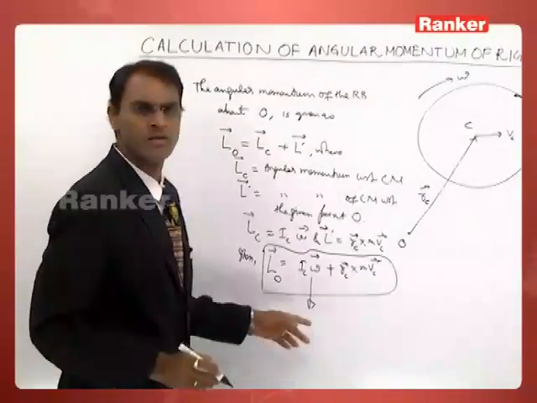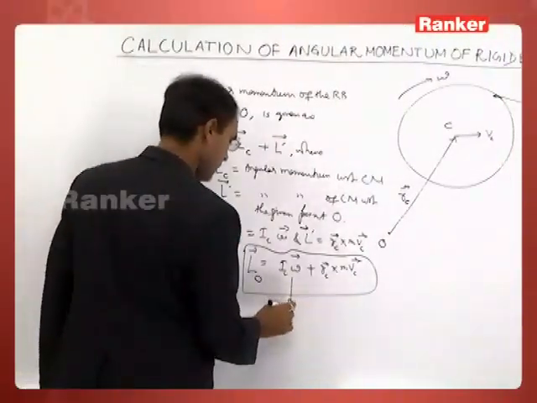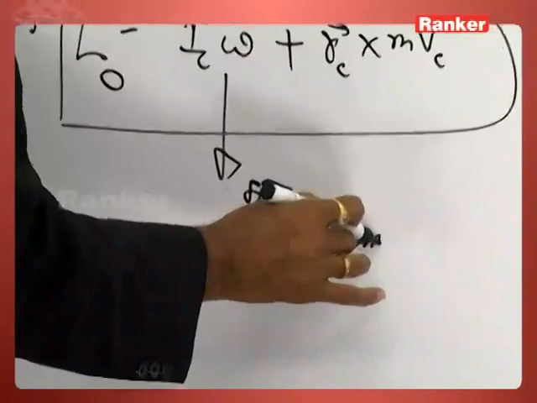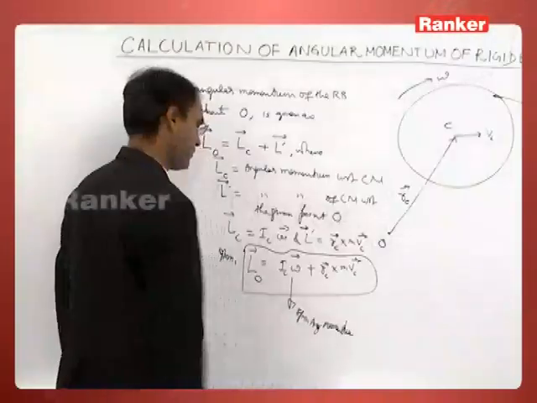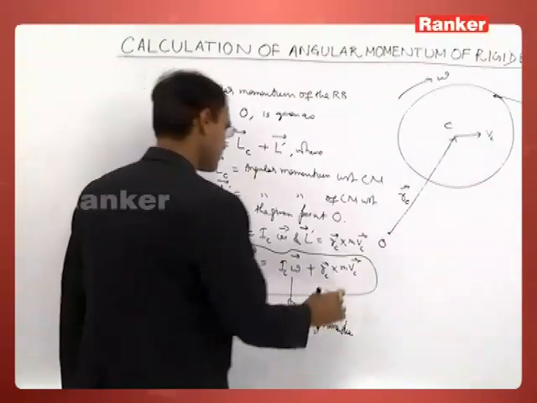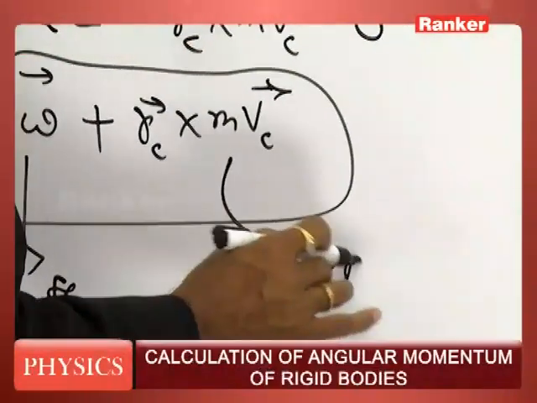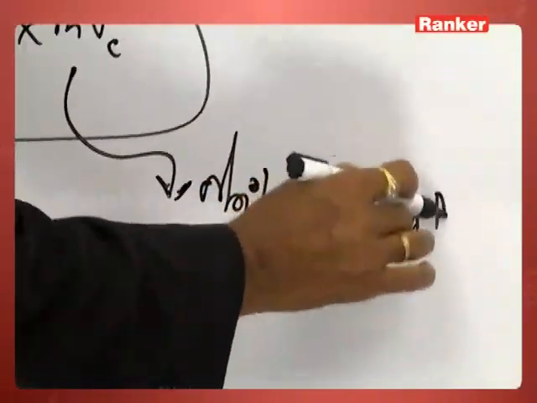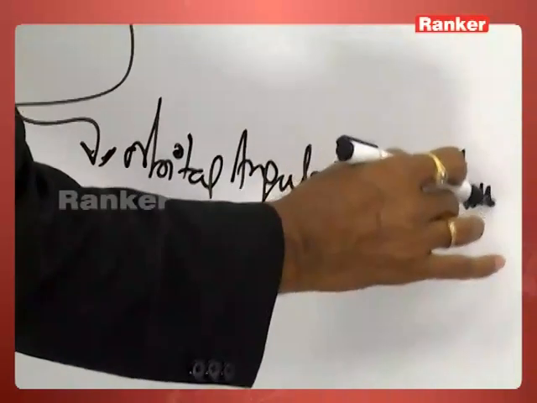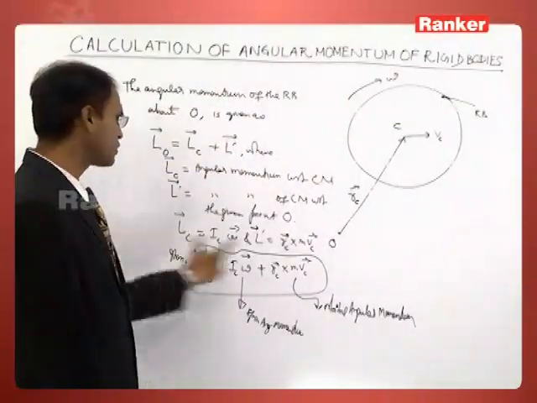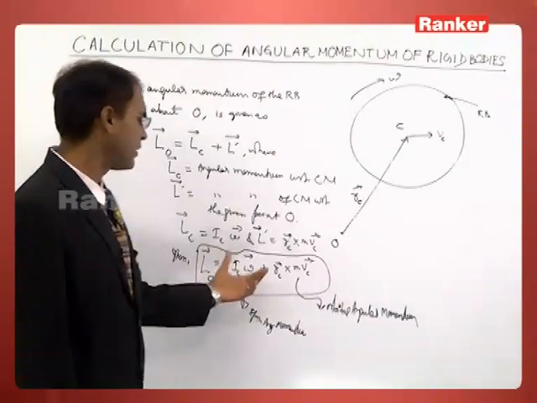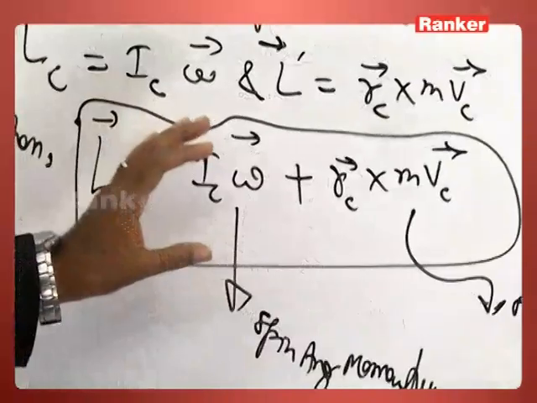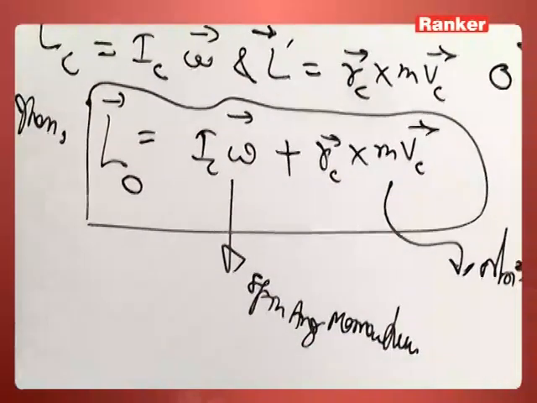This does not depend upon any reference frame, so it is called spin angular momentum, or internal angular momentum, you can say, and this is called orbital angular momentum. If you add these two, you are getting the net angular momentum of the rigid object. We will take a few examples to use this formula.